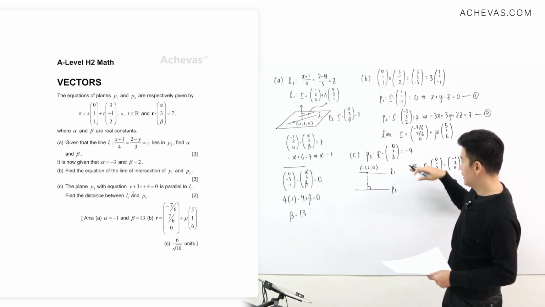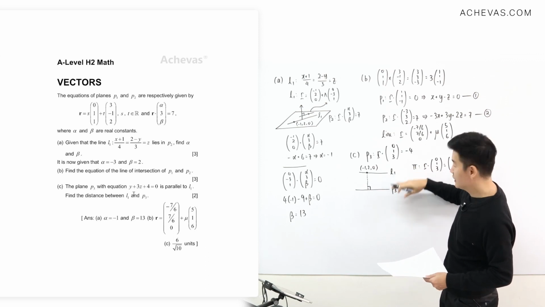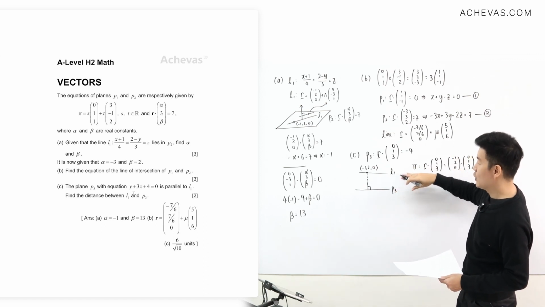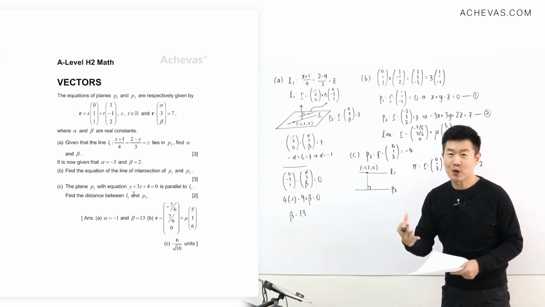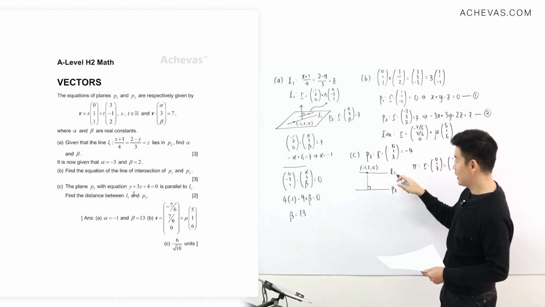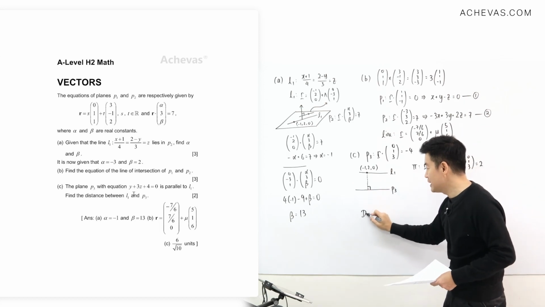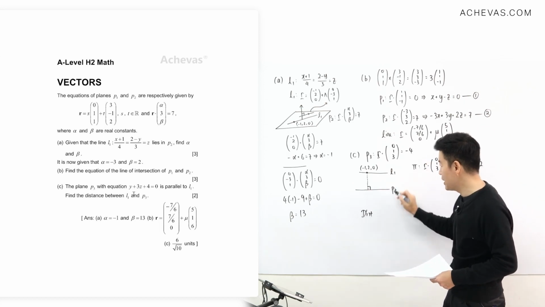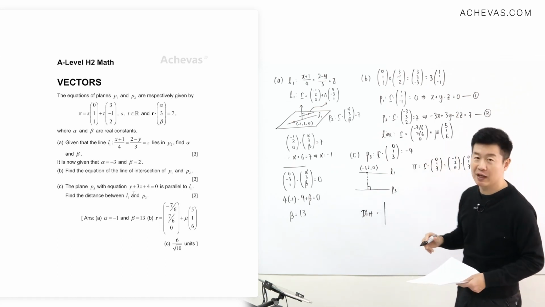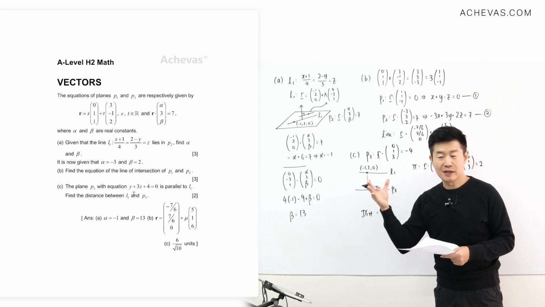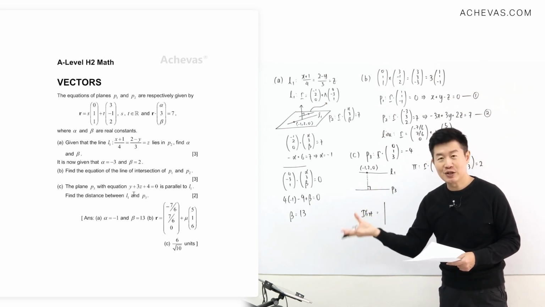So based on this and this, I can find the distance between these two planes, which will also be the distance between this point and P3, which will also give us the distance between L1 and P3. So the distance between L1 and P3 will be the distance between these two planes, making use of the process that is on the Achevas TV.